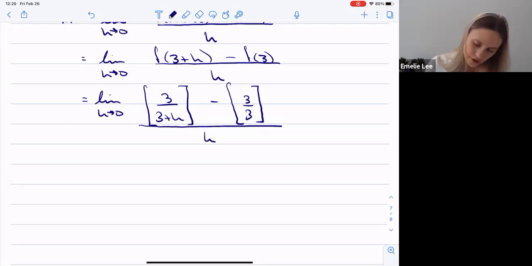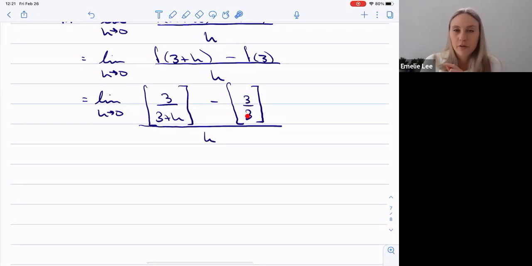All over h. There's a little bit of work here, but compared to what we were doing in the previous section, dealing with fractions and finding common denominators is kind of child's play here. So it might be easiest to simplify 3 over 3 to 1 and then multiply by 3 plus h over 3 plus h to get that common denominator.